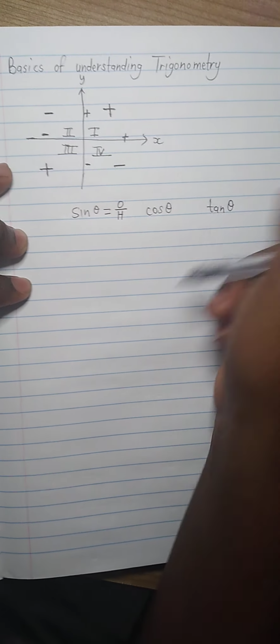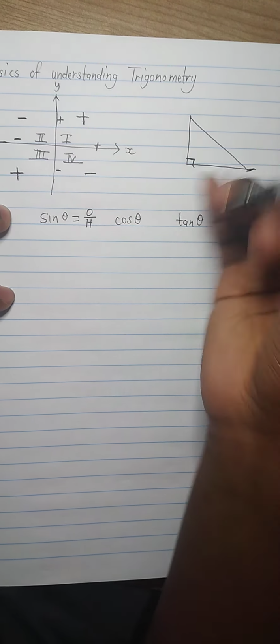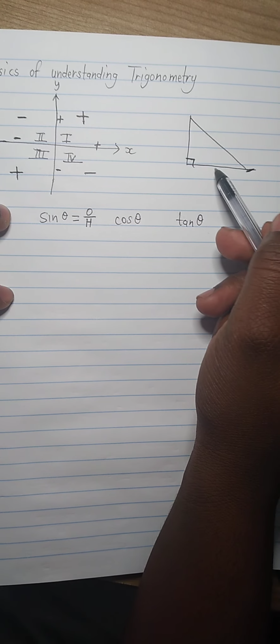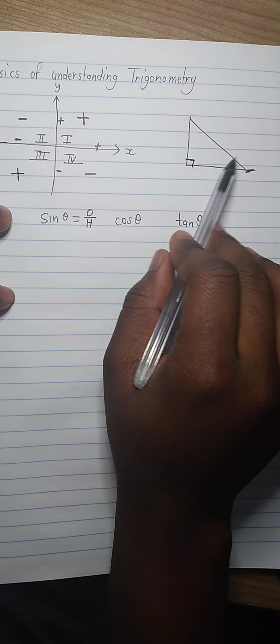What do I mean when I say opposite over hypotenuse? I'm talking about a triangle. And in trigonometry, we always use a right-angled triangle. A right-angled triangle always has a hypotenuse.